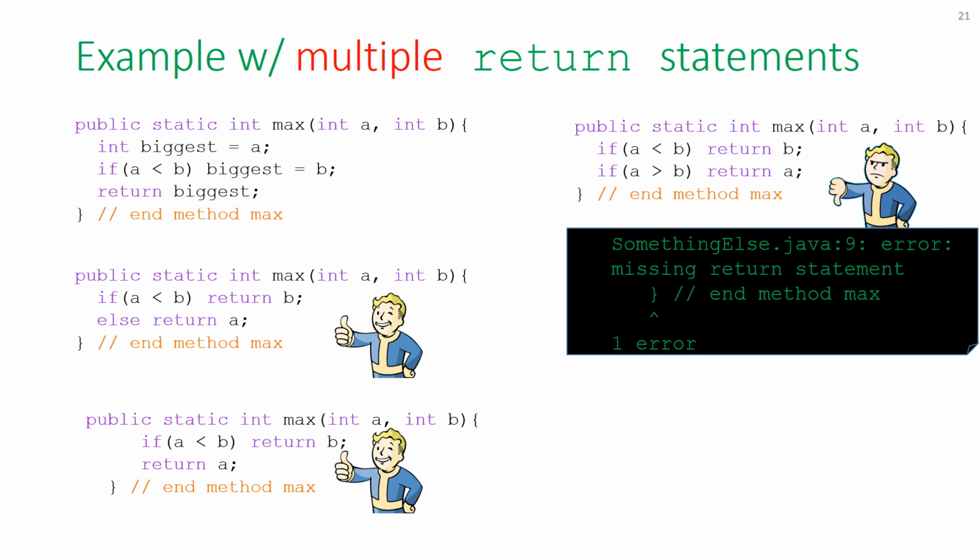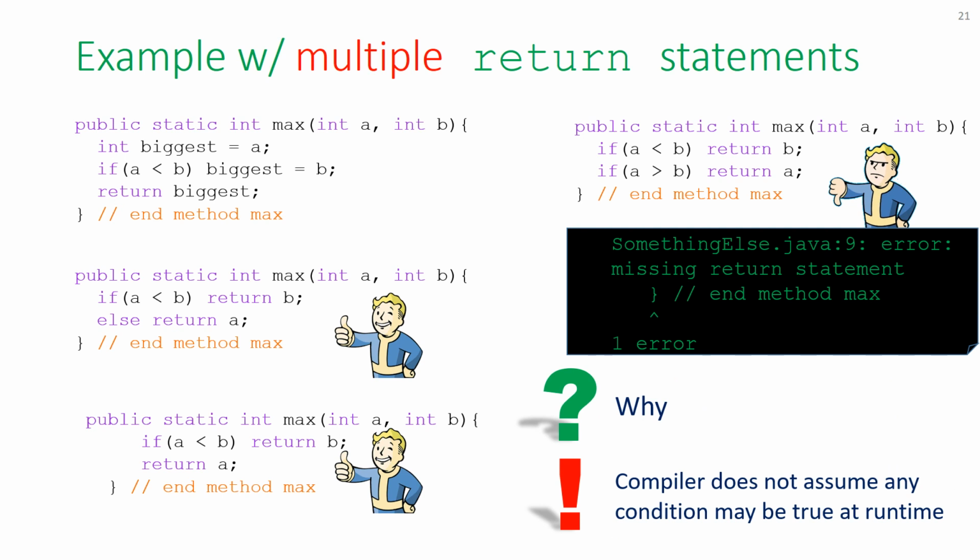So the compiler will never assume that when this condition is false, then the other condition will always be true. It's not going to be able to evaluate the conditions and determine which one is always true, which one is always false, if they are complementary to one another. So you may have code that is actually very good and correct, like if A lesser than B, and then if A greater equal to B, and it's not going to be allowed by the compiler just because the compiler cannot guarantee that it's okay.